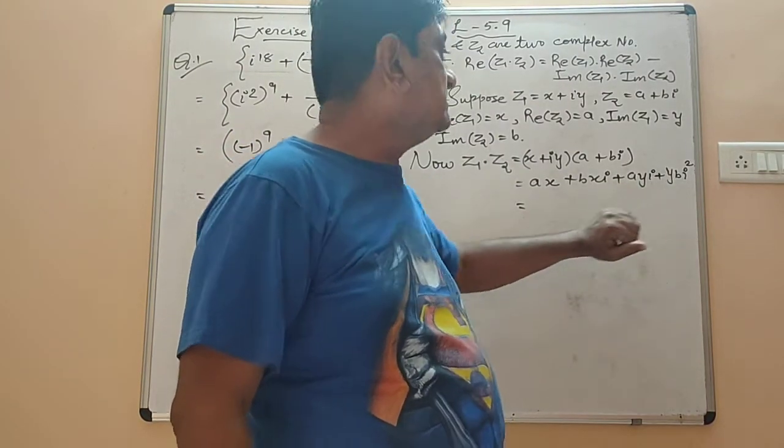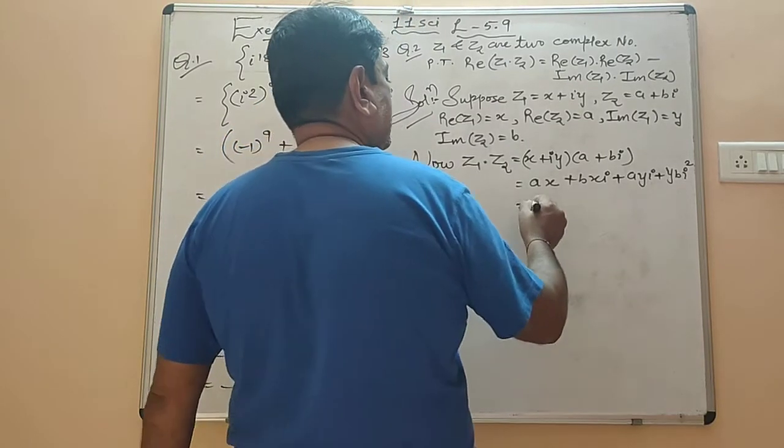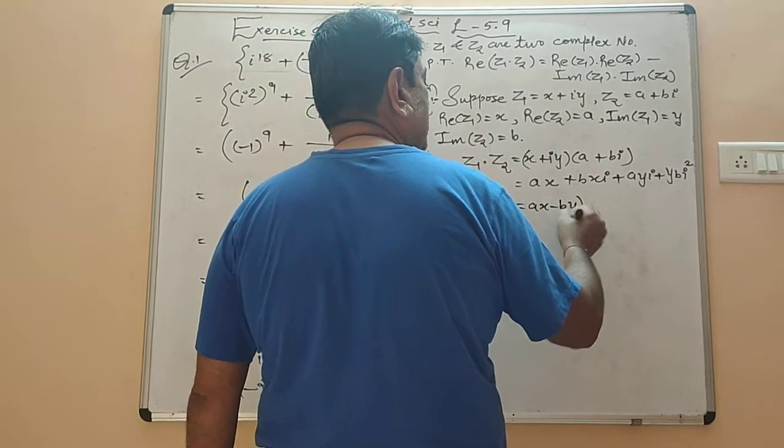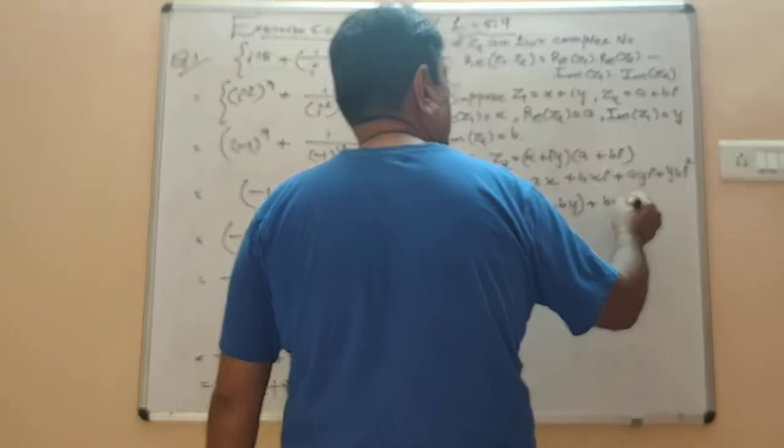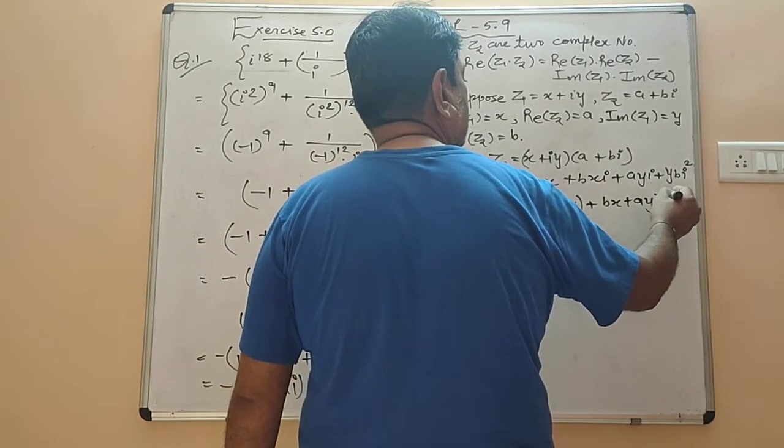Again i square is minus 1, so ax minus by plus bx plus ay into i.